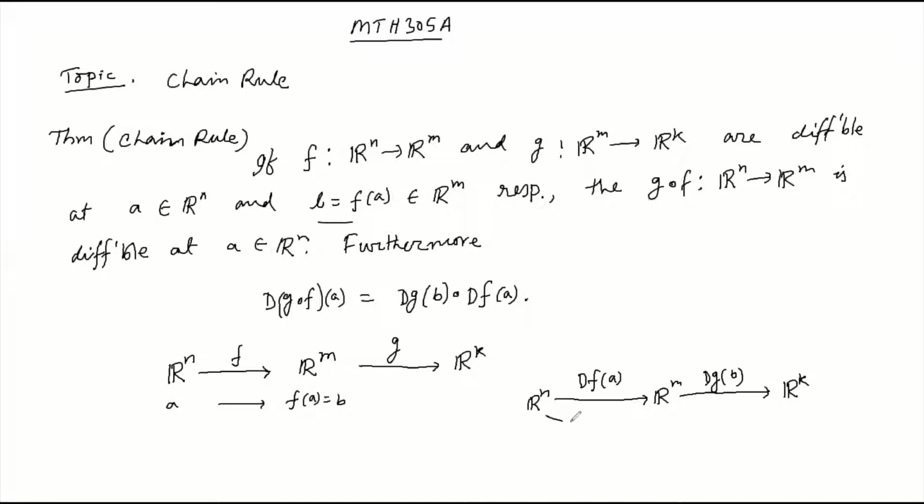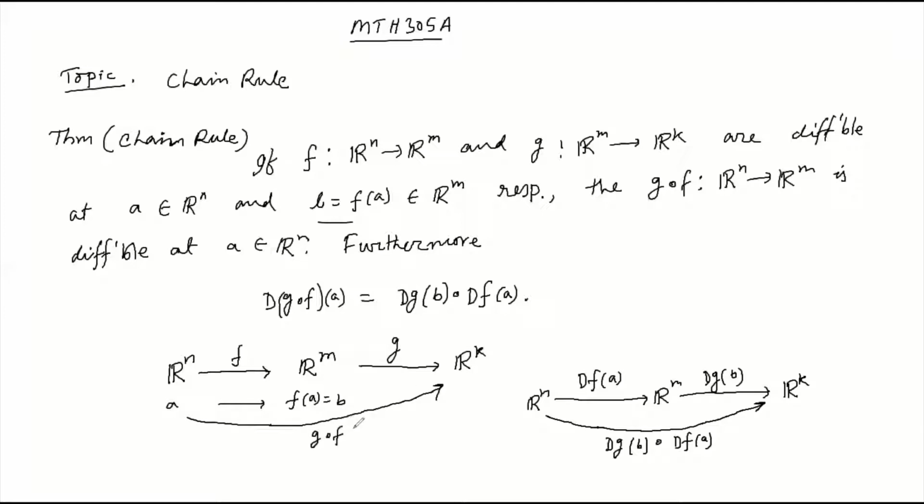And the composition of the derivative of f with the derivative of g at the points a and b respectively. So this is the composition dg at b composed with the derivative of f at the point a. And here we have the composition function from Rn to Rk, so this is the composition function g composed with f.